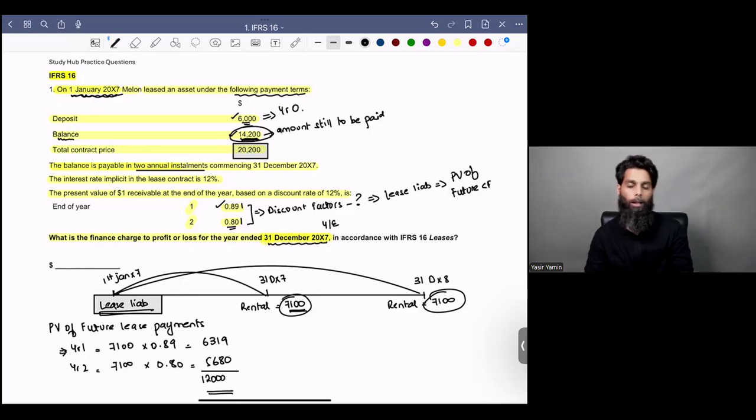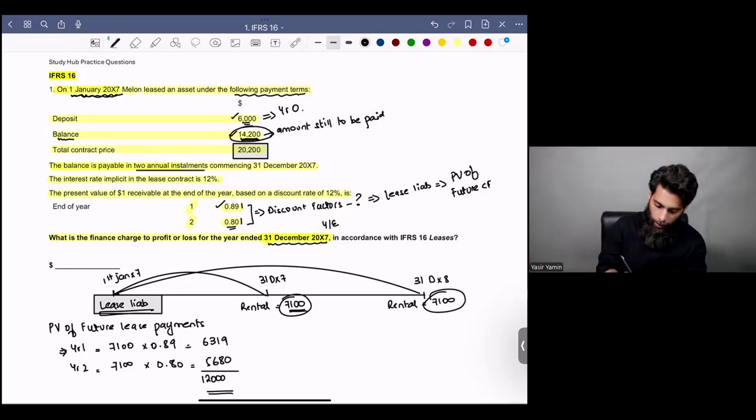Excellent. So guys, this is the present value of minimum lease payments, and your lease liability should be recorded not at 14,200, but your lease liability should be recognized at 12,000.